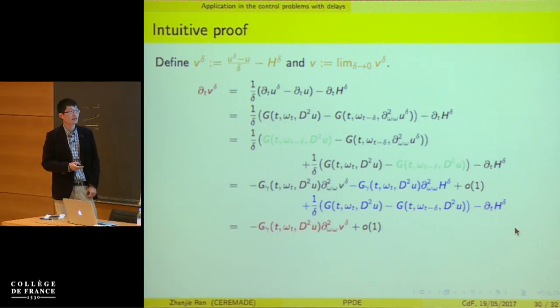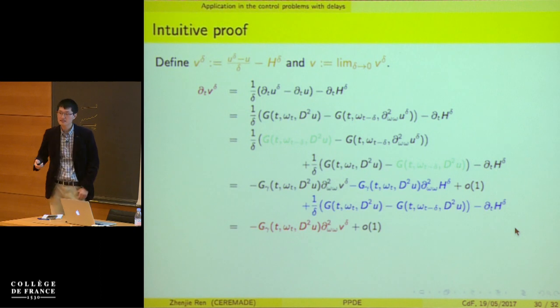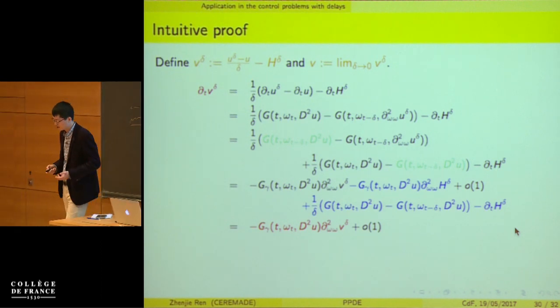So this is a linear path-dependent equation. Of course, you have a high order term, o(1), and then you just let delta go to 0 using our stability result again.